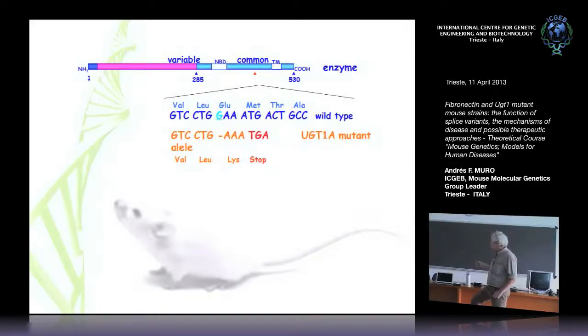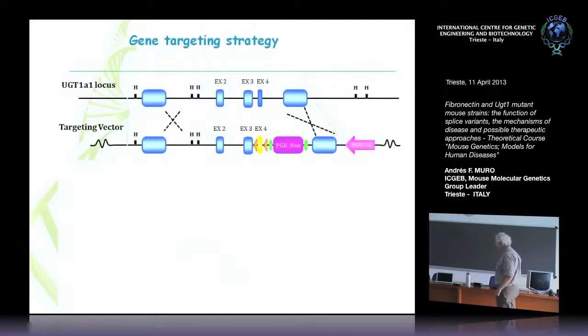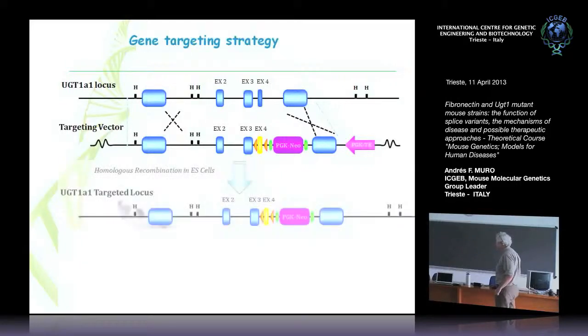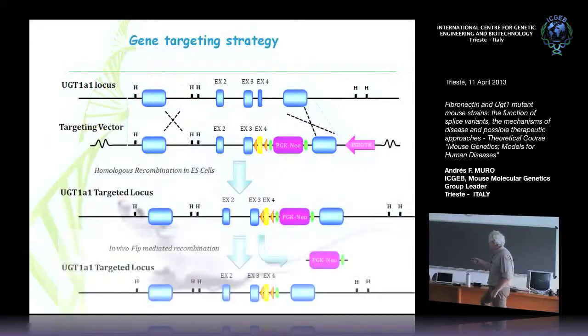The truncated protein is not active because it lacks the transmembrane domain that anchors it into the membrane, which confers activity to the enzyme. This is the classical strategy of gene targeting.